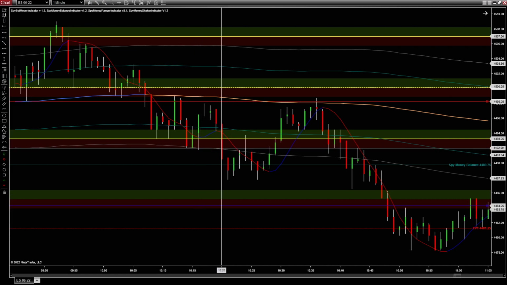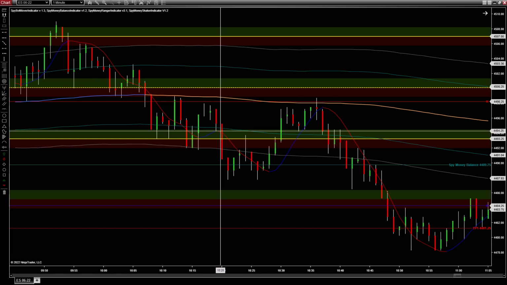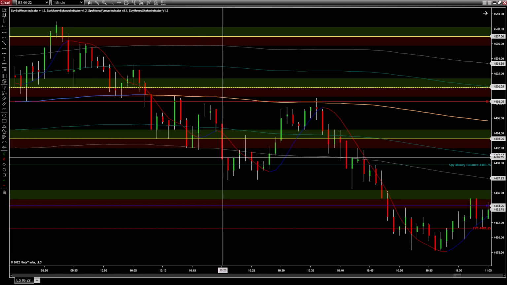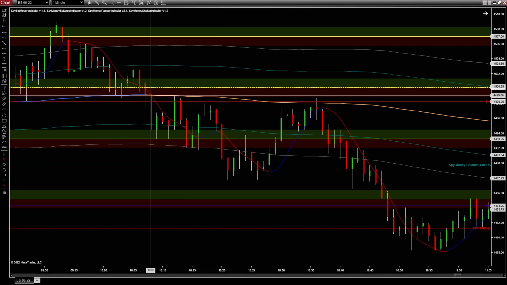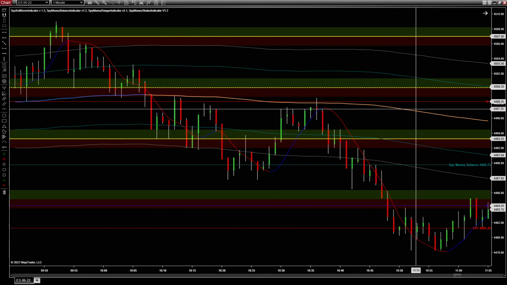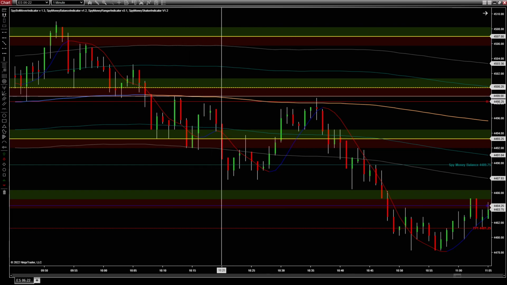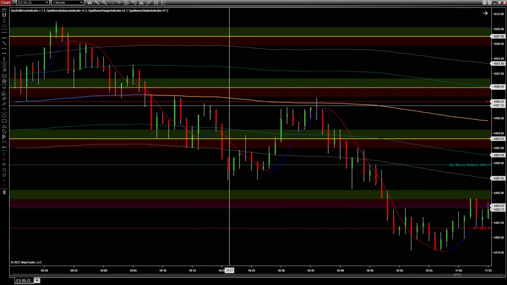So if you had your entry there, this didn't change red until this one closed, but you'd already be in. So a lot of times it will help you get into shorts quicker. Now, having the shaker up here where it's gold will actually help you as far as knowing short or long.